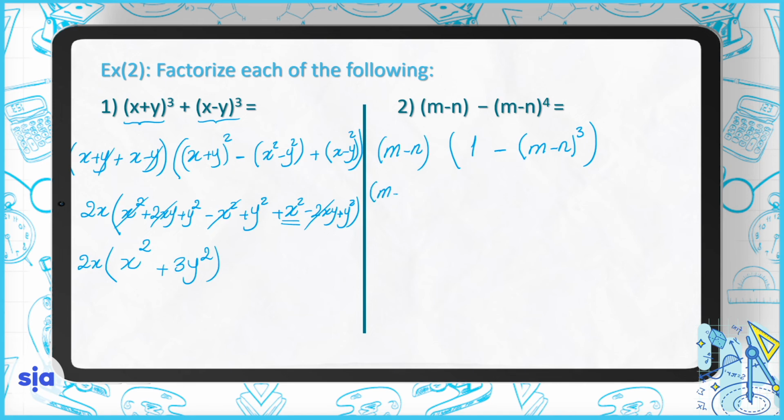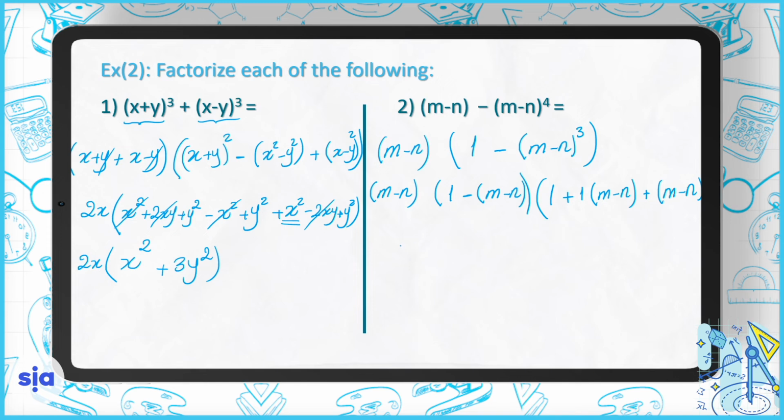Here we have m minus n and then 1 minus m minus n multiplied by the big bracket as 1 plus 1 times m minus n plus m minus n all squared.